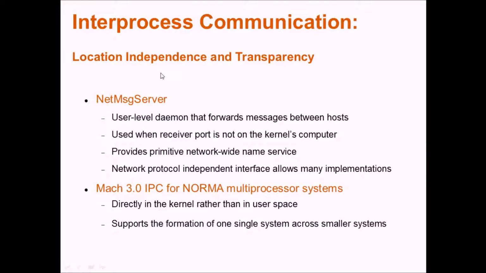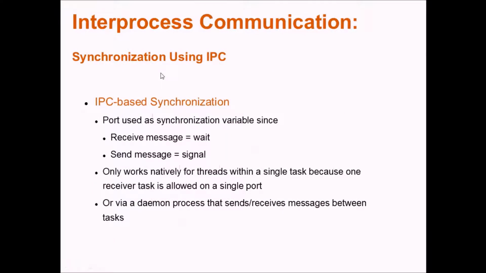Mach 3.0 IPC for NORMA multiprocessor systems is directly in the kernel and supports a single system image across smaller ones. Synchronization using IPC: IPC-based synchronization uses ports as synchronization variables, where receive message is a wait and send message is a signal which can activate the waiting thread.